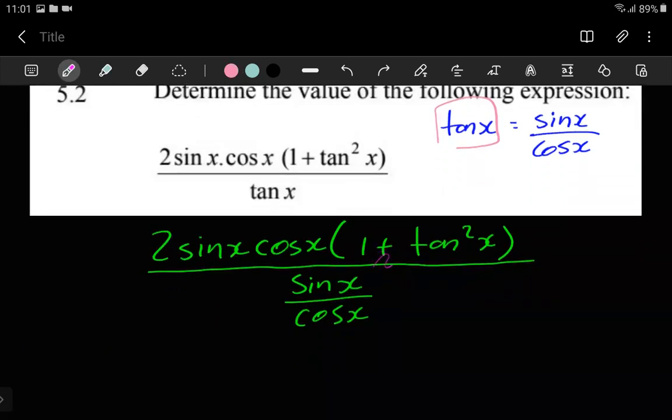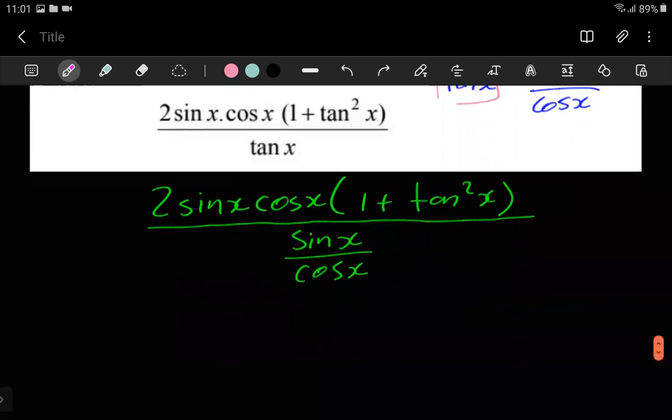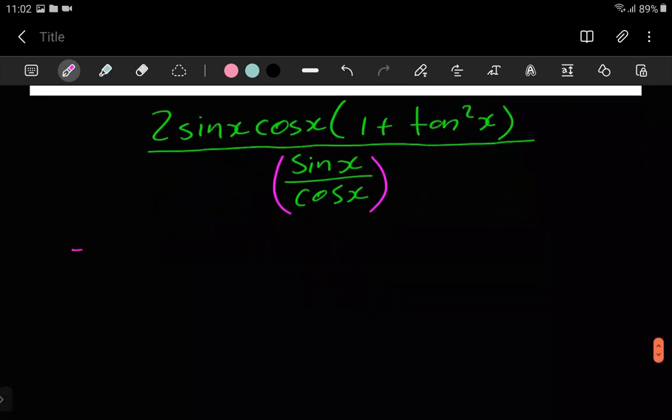What I wanted to show you is that the 2 sine x cos x is being multiplied by this bracket, but the bottom part we can actually do something with, because if you're dividing by a fraction, the only way you will be able to cancel out is by doing the following. This is how you need to visualize it.